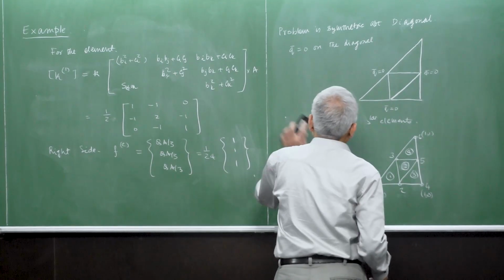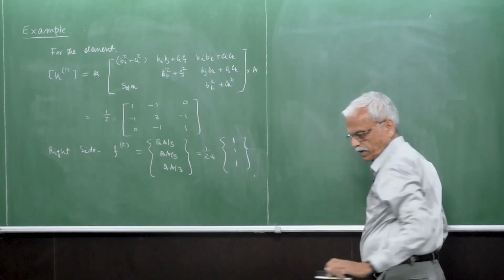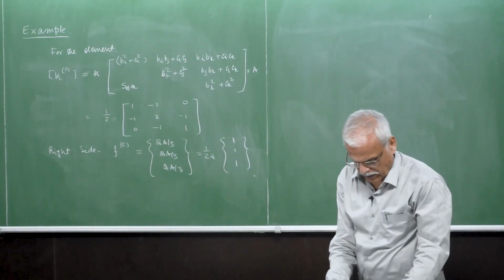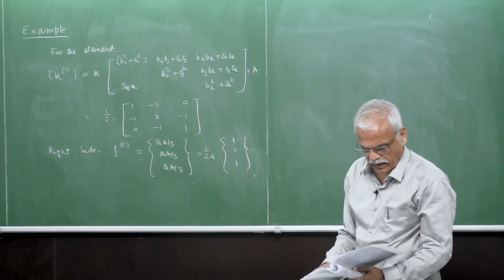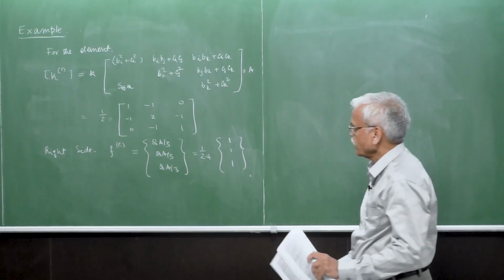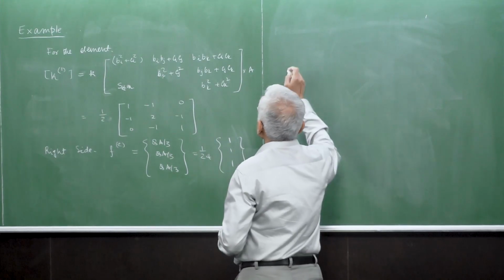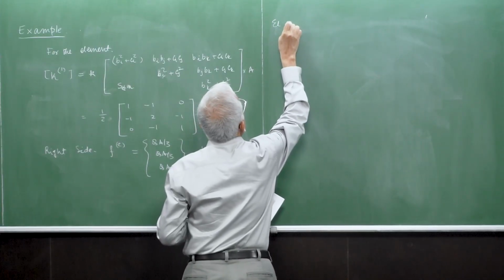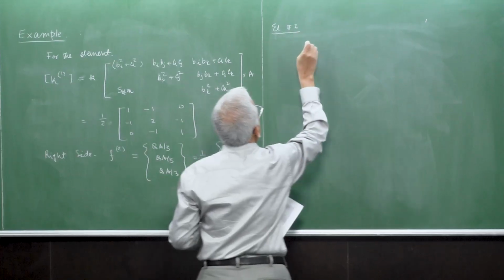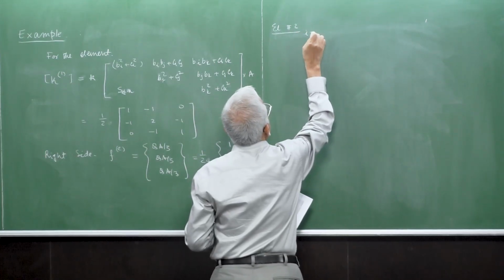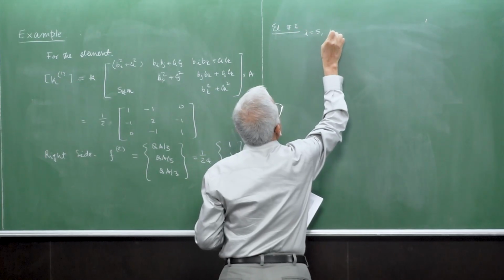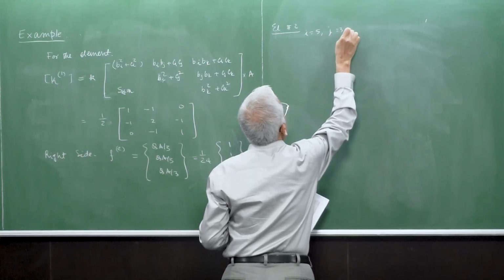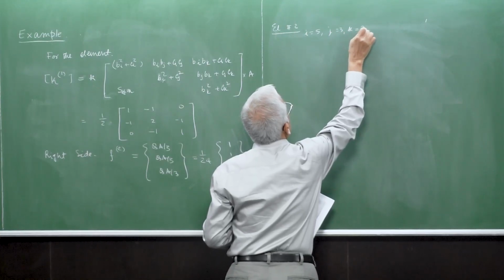So like this, we can find out the others also. Interestingly, the others also will come out to be the same. So for element 2, I is 5, J is 3, and K is 2.